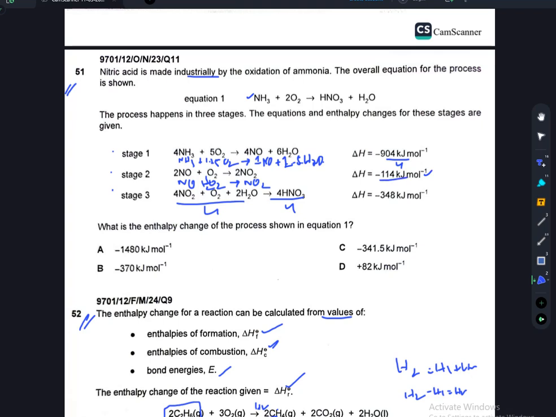Yes, it is. No, it is also divided by 2, and this is also divided by 4. So 904 divided by 2, 904 divided by 4, sorry. So minus 226, minus 226, minus 114 divided by 2, minus 57, minus 348 divided by 4, minus 87.